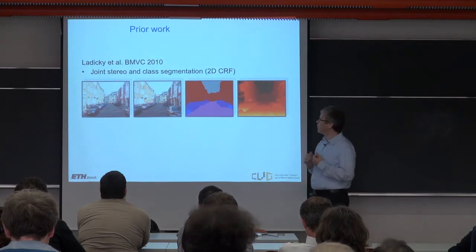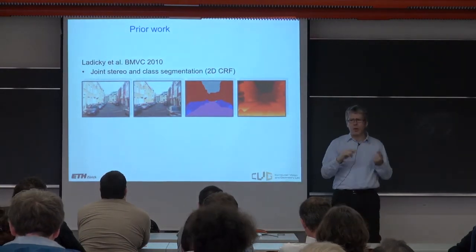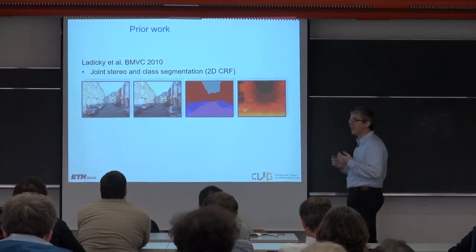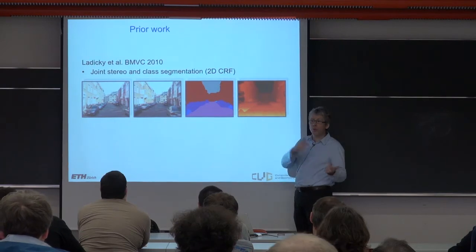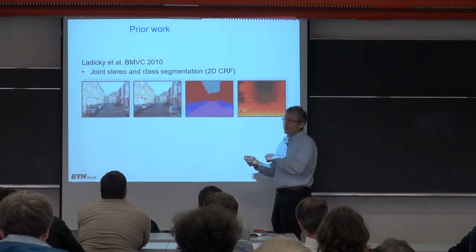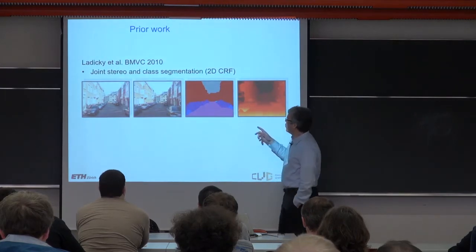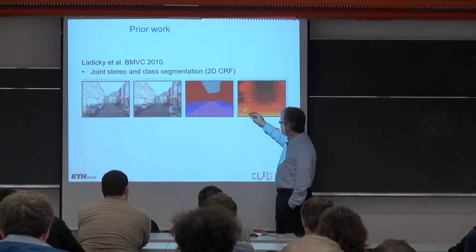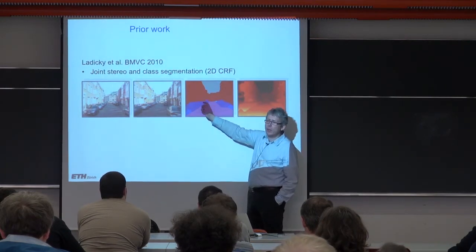And by doing both together, they could actually get some improvements. It turned out that the improvements were mostly one way. So it turned out that the joint optimization wasn't very successful here because it only improved in one direction, meaning that you could first do that one and then improve the other one. Okay? The way they mostly did it was to say that some labels could not exist above a certain height. So it was actually still a quite weak coupling.